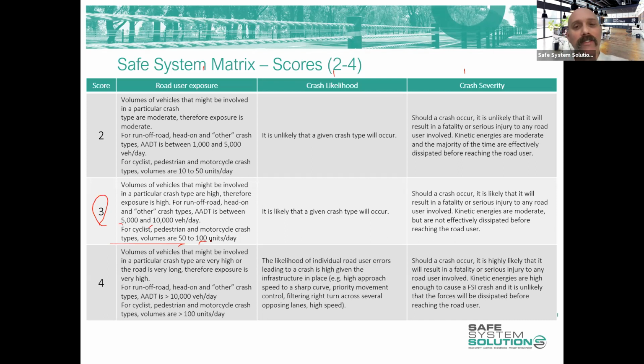You would on your site visit, and you'd have a look, and you'd maybe ask around, and then you'd make a call on it based on the fact that this says the volumes are high, and the volumes are moderate, and very high. So you're going to make a judgment call on it based on what you're seeing and your predictions.